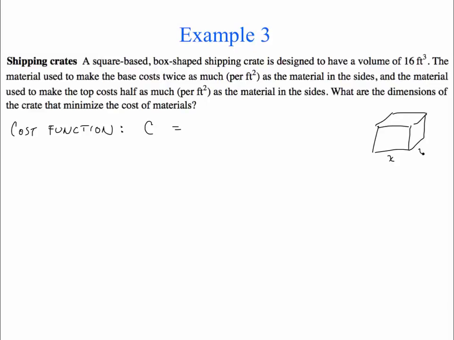X, I agree. And then what about the height of it? Sure. Y, H, whatever. Okay, cool. So this is good stuff. So now we want to come up with something, just get going here. We know it's all going to center on a cost function, so let's just get something down that calculates the cost of this thing.